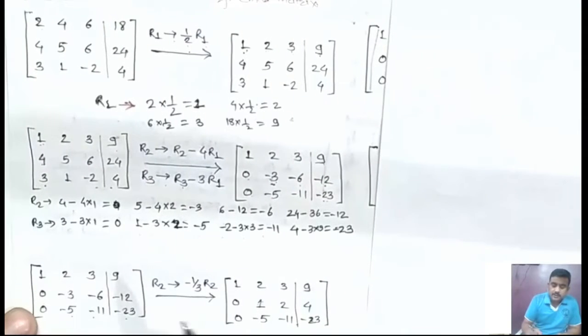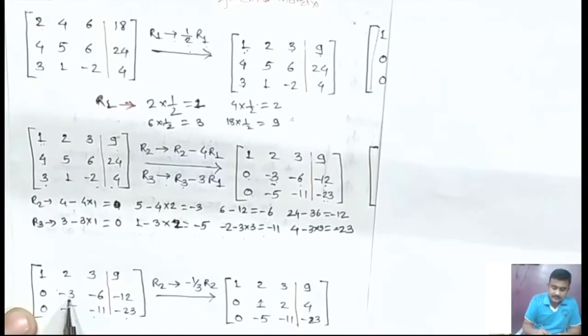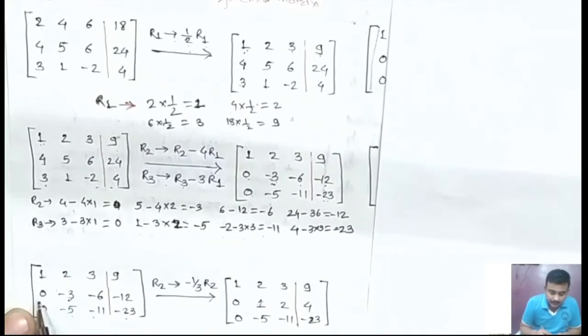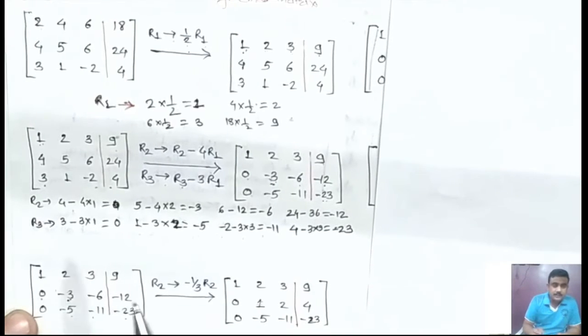Now on this matrix we are going to perform row transformation. On second row we need 1 at this position. That's why we are going to multiply this number by minus 1 by 3. If we multiply by minus 1 by 3, we get 1 over here. There will be no effect on this number because 0 into minus 1 by 3 will be 0.